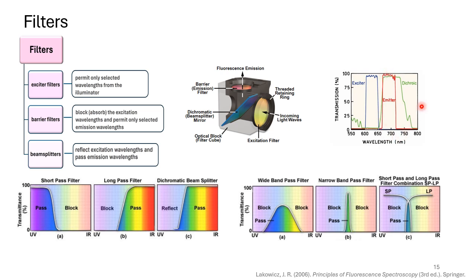On the other hand, this dichroic is reflecting the exciter wavelength and transmits the emitter wavelength. So these are the workings of these filters.